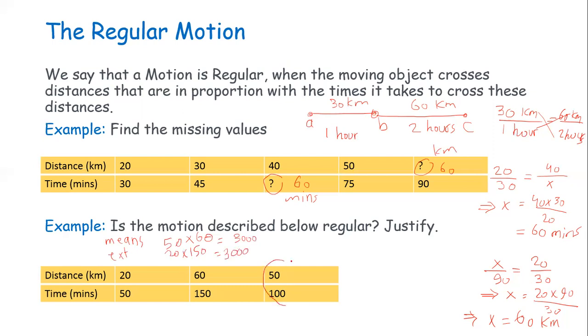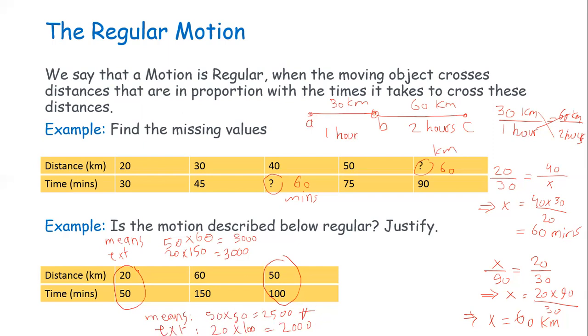However, if we took the last ratio and the first one, we notice that the product of the means, which are 50 and 50, is 2,500, whereas the product of the extremes, which are 20 and 100, is equal to 2 thousand, and thus this value doesn't equal 2,500, which is the product of the means.